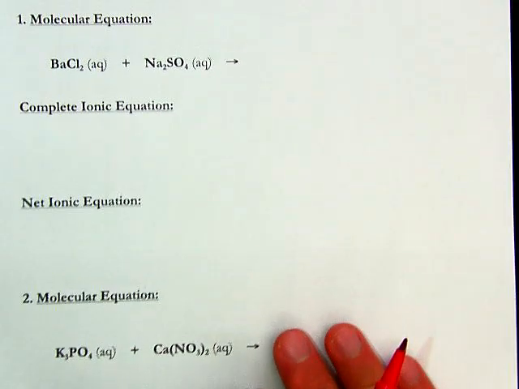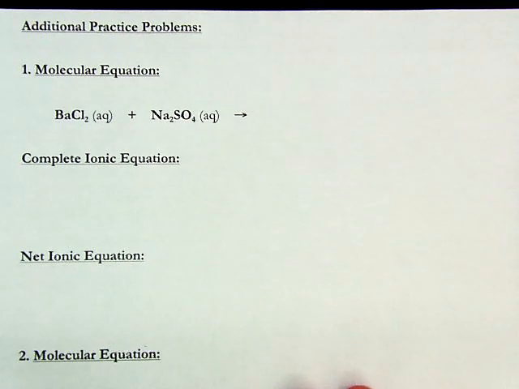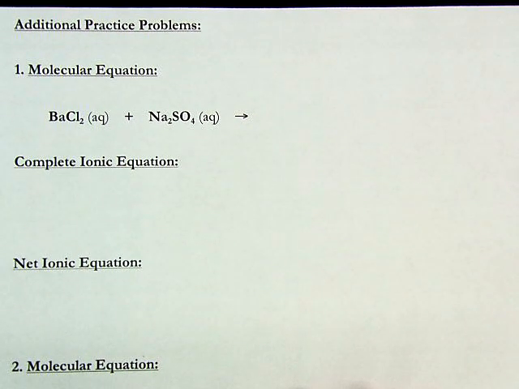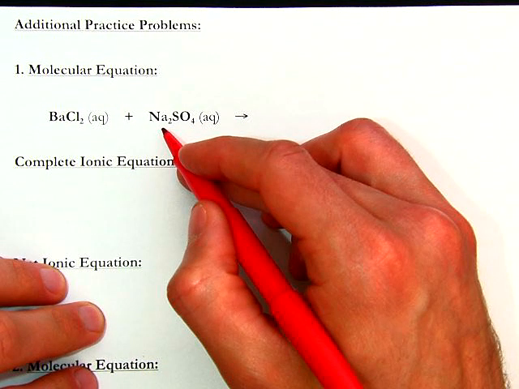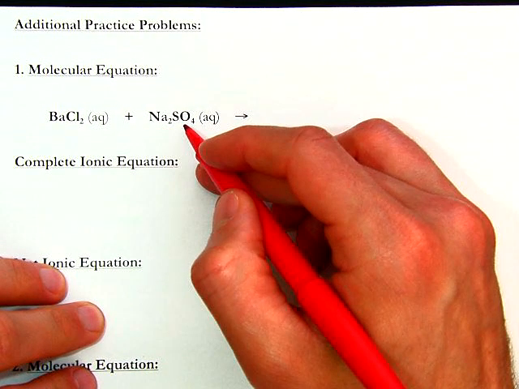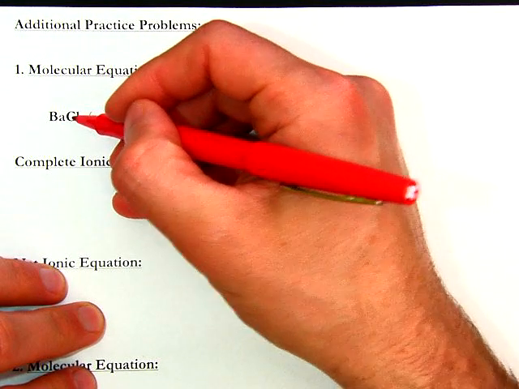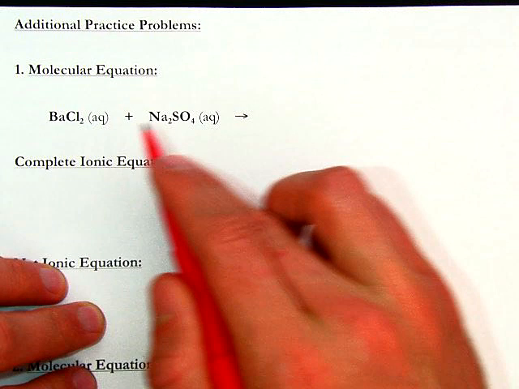But before you can do the complete and net ionic equations, you have to do the molecular equations completely and correctly. So here we have BaCl2 and sodium with sulfate. So again, it's positive section, negative section, positive section, negative section. Metal, nonmetal, metal, nonmetal.